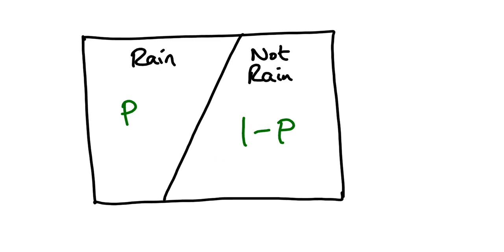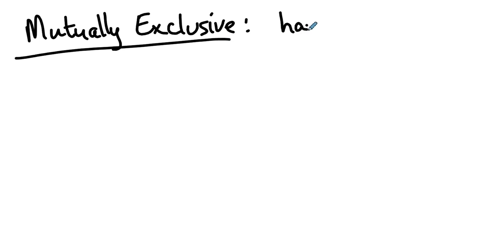The other sort of scenario that I want to take a look at is what happens when we talk about mutually exclusive events. Complementary events are mutually exclusive. Mutually exclusive events have no intersection.